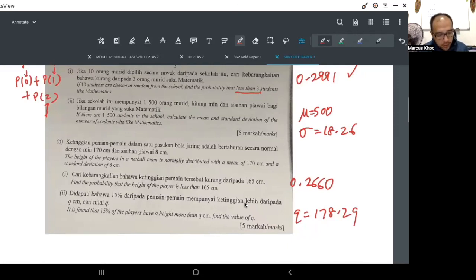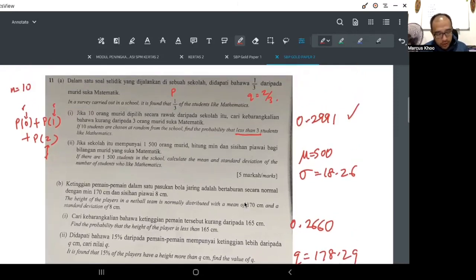So if there are 1,500 students in this school, the mean is n times p. And the standard deviation is the square root of n times p times q. Now our n has become a bigger number, not just 10, but 1,500. But our p and q are still the same.